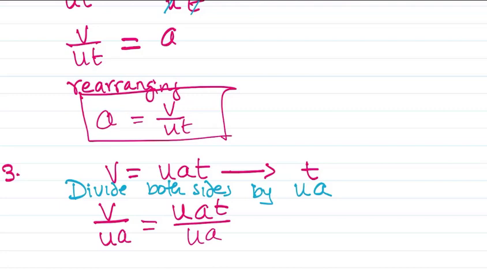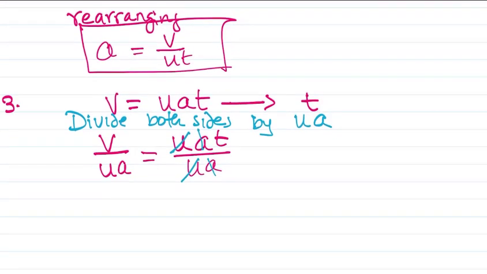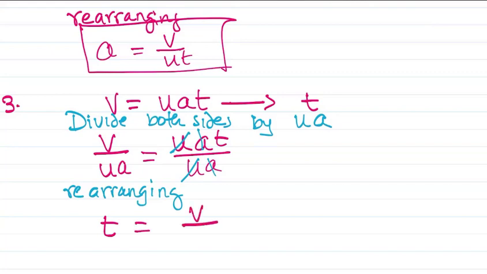You know what happens? U and U will cancel out, and A will also cancel out. We are left with T. Rearranging, we have the following answer: T equals V over UA, or for our exam, 1 over UA times V.